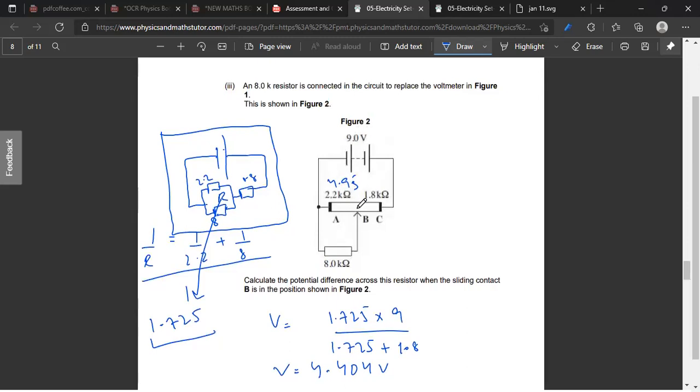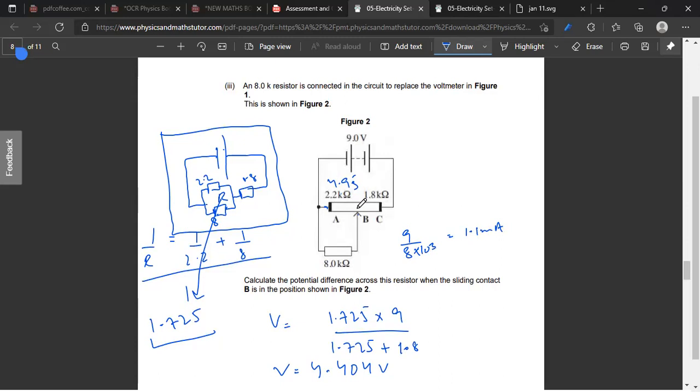If I bring this thing to 0, if I bring this thing till here, then the amount of current in the 8 kilo ohm will be equal to 9 volts divided by 8 times 10 to the power 3. So this will be 1.1 milliampere something. So that's the maximum current.